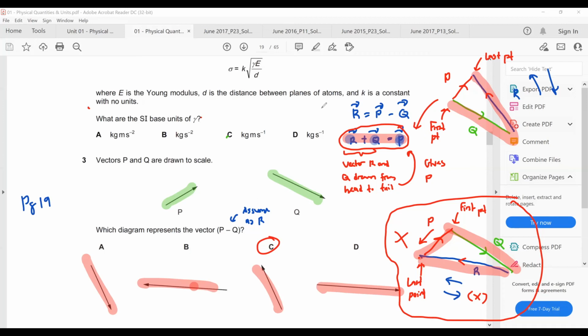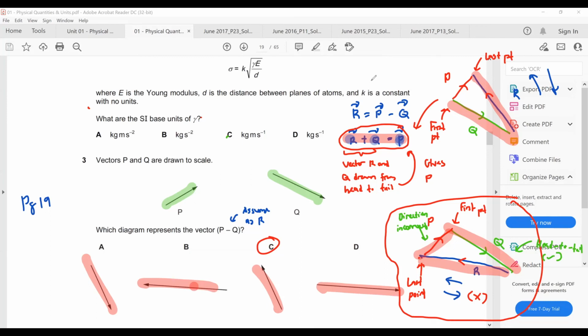So this one is not correct. Let me just write this one here. This one is direction incorrect. But this one is head to tail. This one is correct, but the direction here is incorrect.